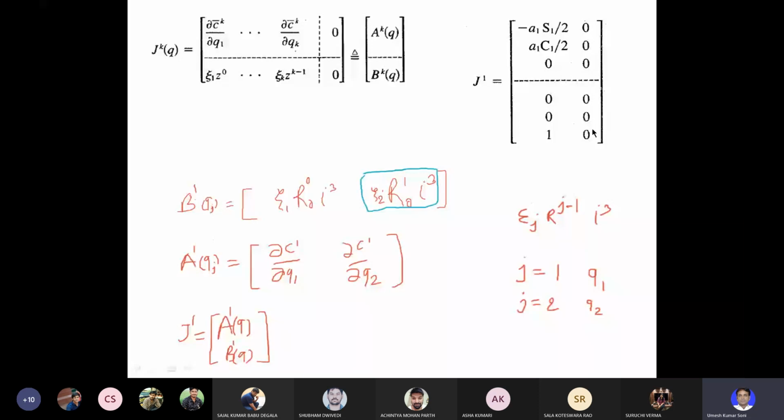So here we are considering the Jacobian for the first link. So we will get this equation, but using this equation this will not be exactly 0, but because we are considering the Jacobian for 1, so in place of this we will keep all the elements 0.